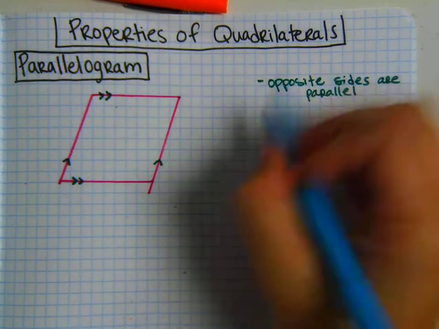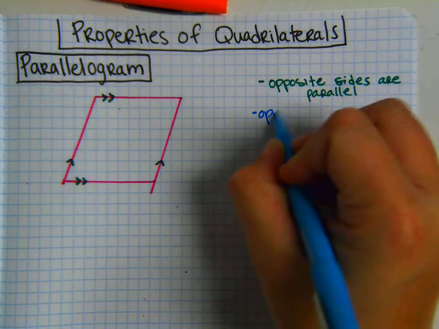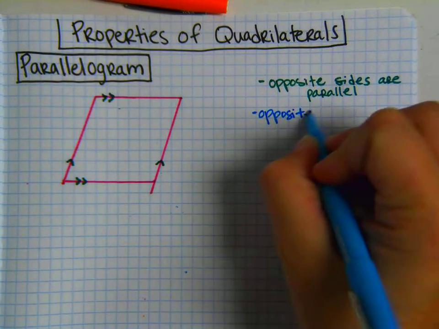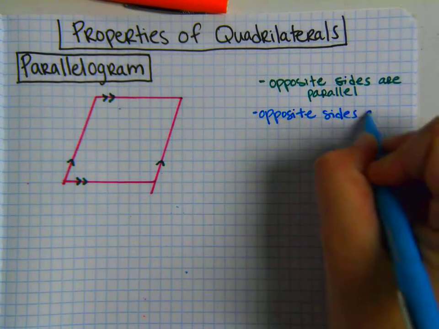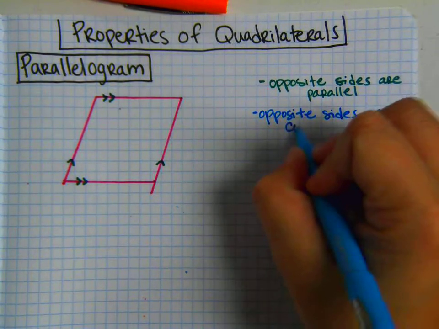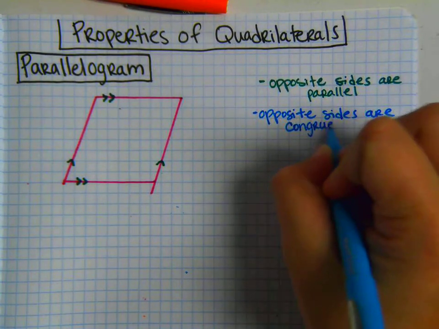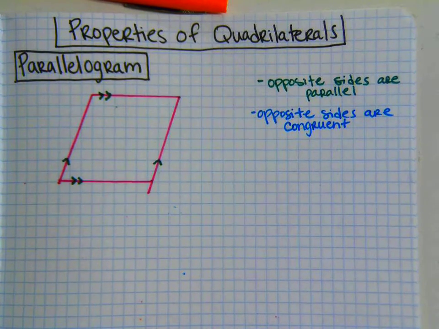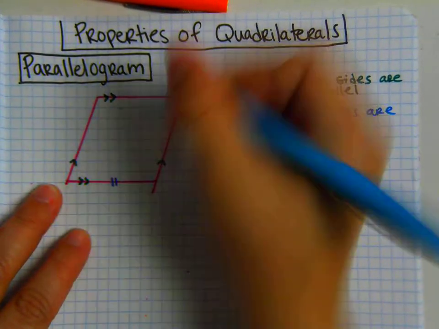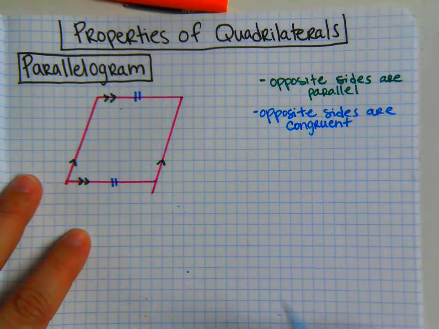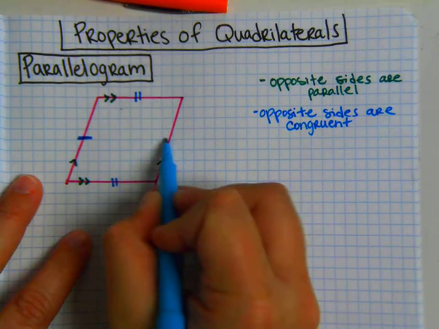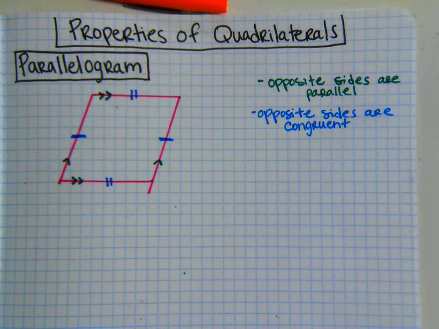The second property is opposite sides are congruent. We can denote that by saying this side's congruent to this side, and this side is congruent to this side. Those are opposite sides, and they are congruent.